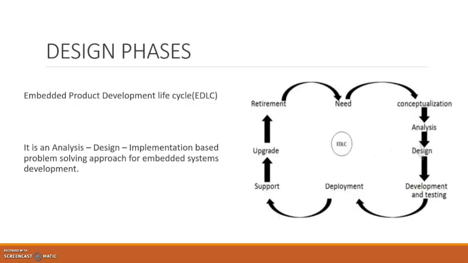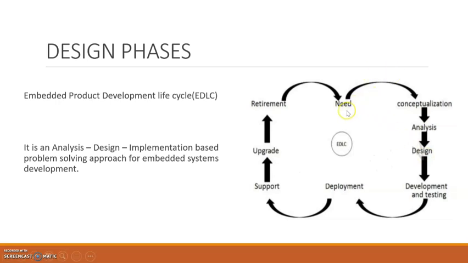So, in an embedded system, there is actually a life cycle for the development of every embedded system. A particular life cycle or a model is followed. This is that model which is called Embedded Product Development Life Cycle, EDLC. This is the EDLC model based on which every embedded system is getting developed, or it is getting designed.